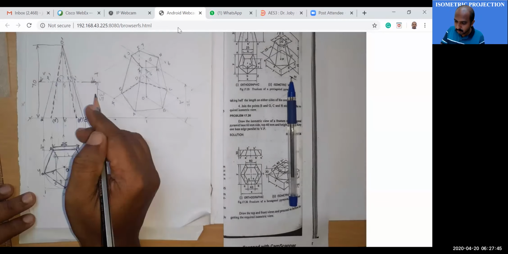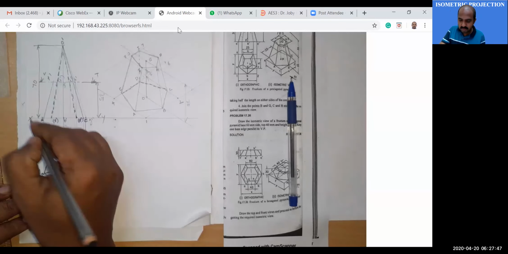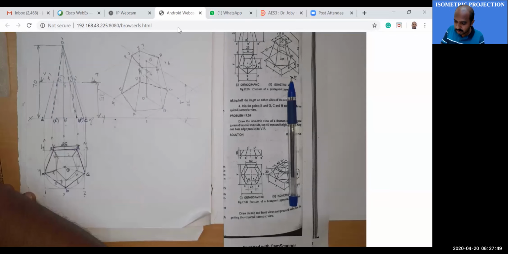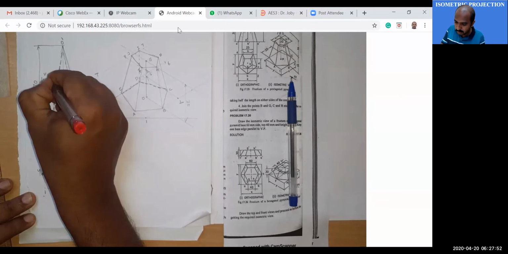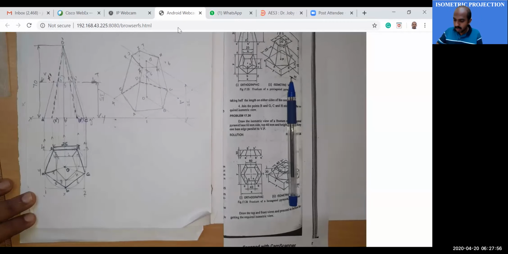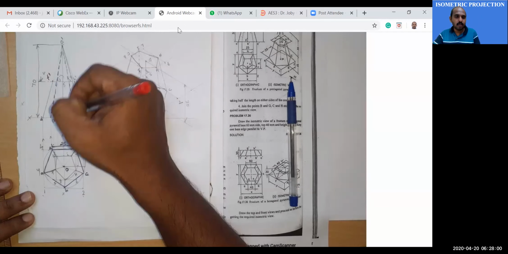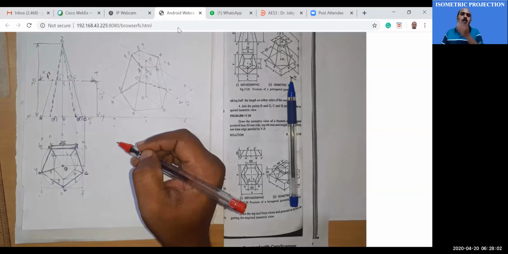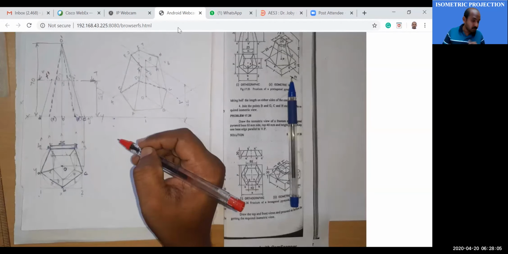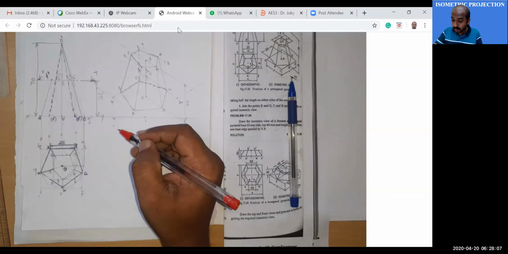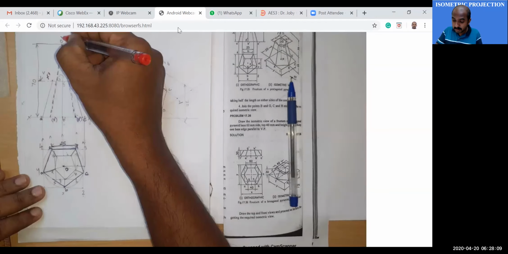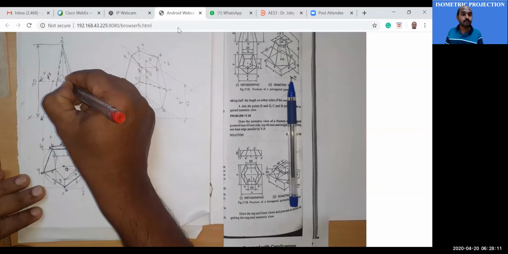It cuts on O dash A dash at this point, which is F dash, and it cuts on O dash B dash at this point, which is G dash.